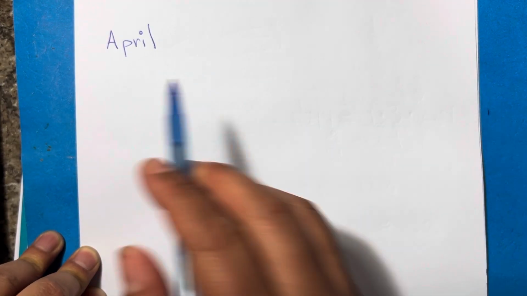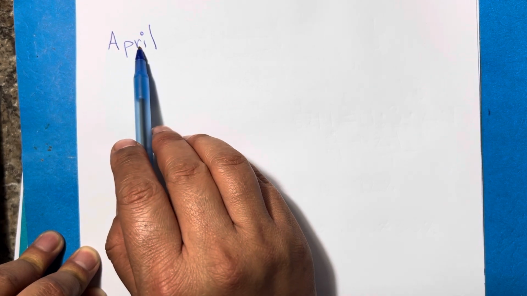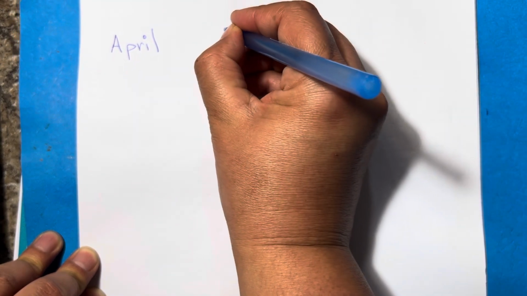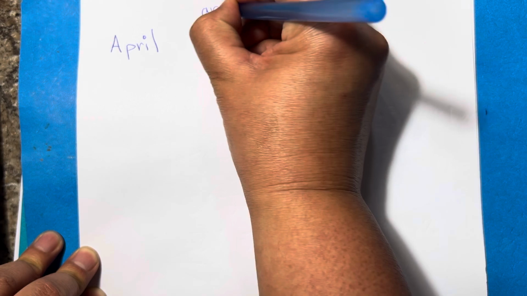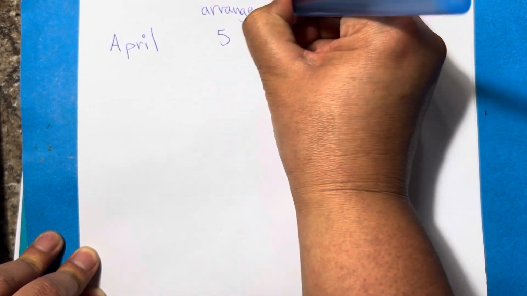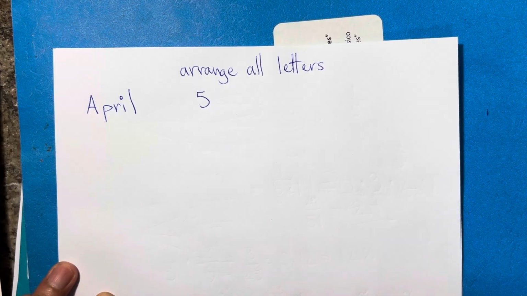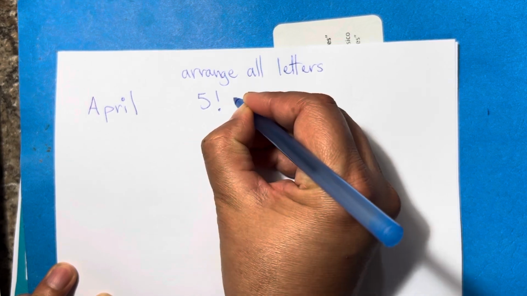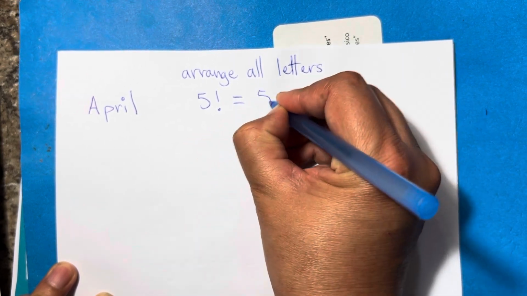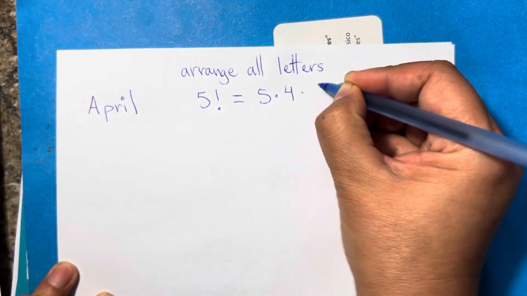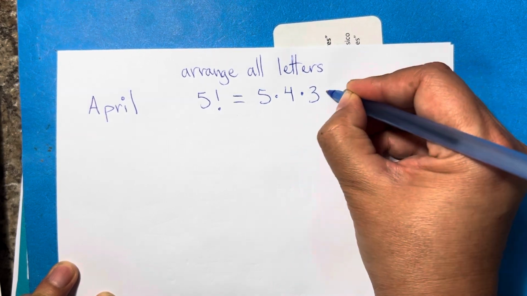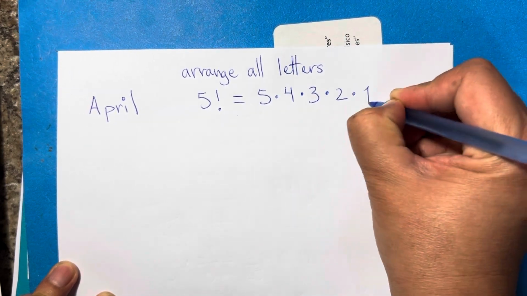So for example, the word April, it doesn't have any repeating letters. And if it says arrange all the letters, well, we just count 1, 2, 3, 4, 5. So arrange all letters. It will be 5 factorial, which means 5 times 4 times 3 times 2 times 1.